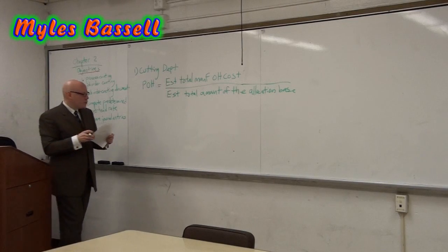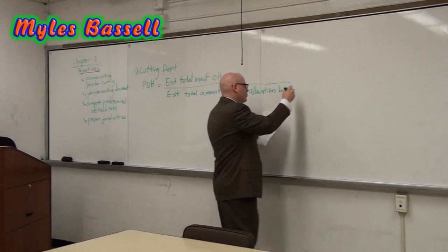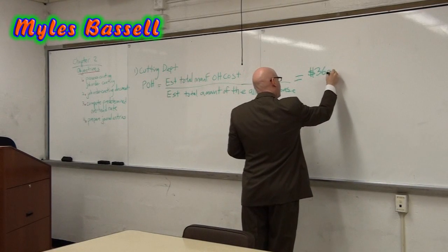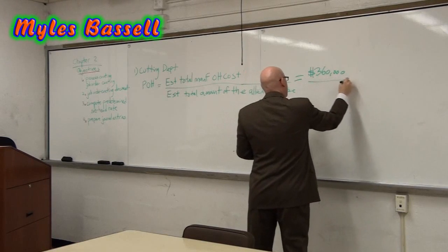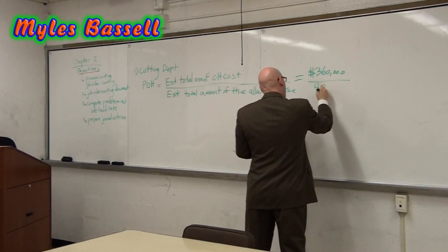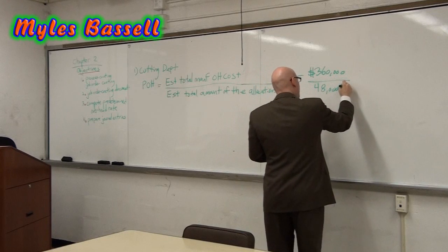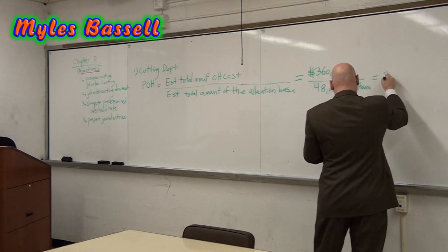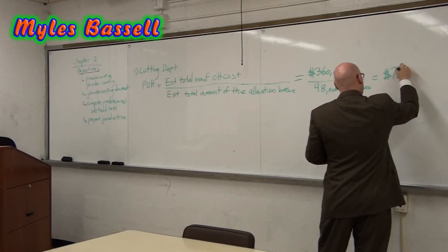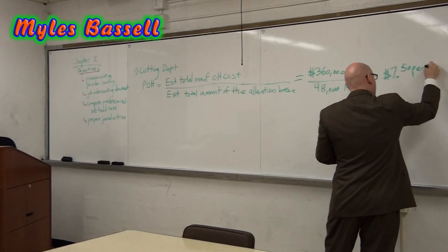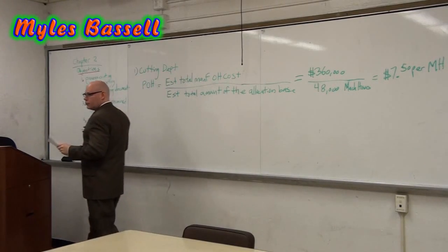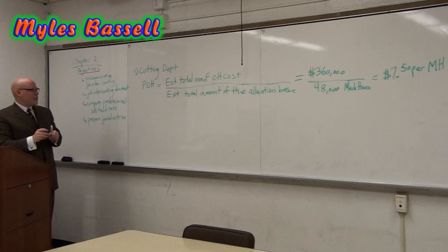And the manufacturing overhead for the cutting department is $360,000, divided by the 48,000 machine hours, which is $7.50 per machine hour. Do you see how this is helpful?